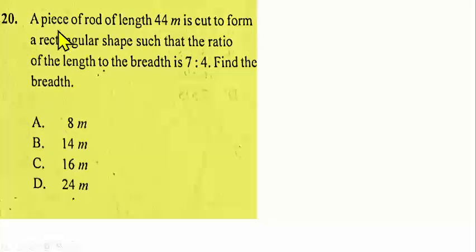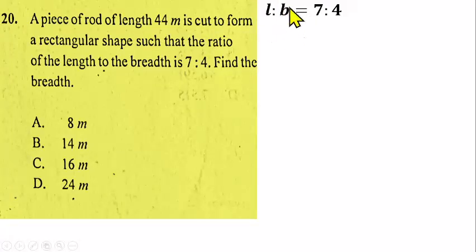You have to find the breadth. So what can you say about the ratio of the length to the breadth, which is 7 to 4 as you have been given?